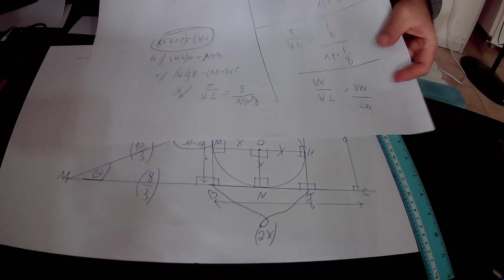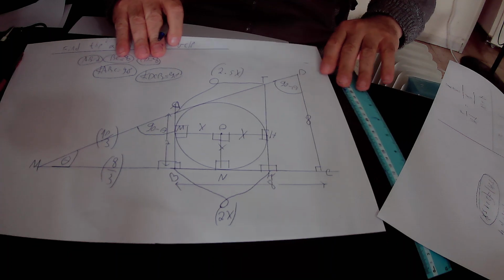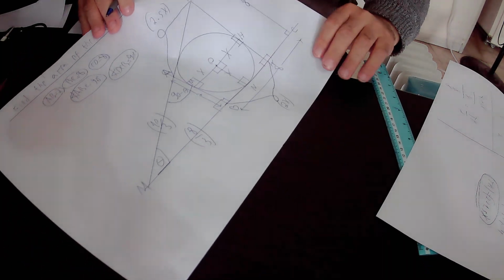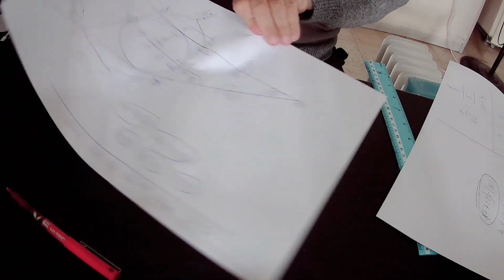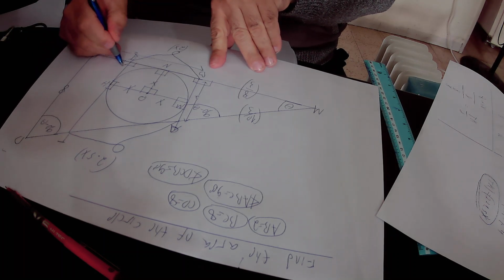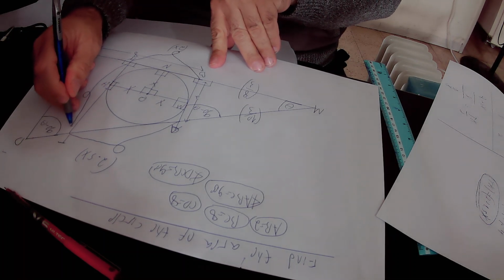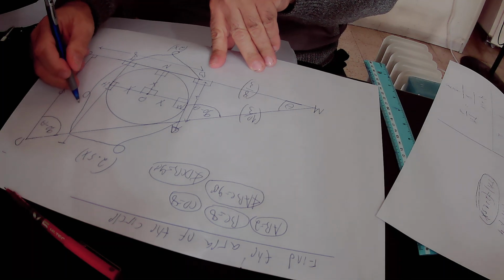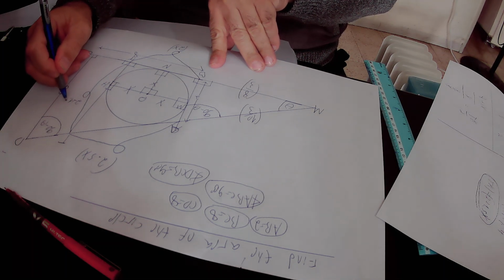Here, this line segment TK is equal to 2 plus 1.5x.